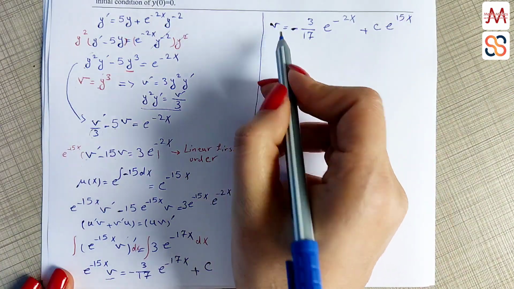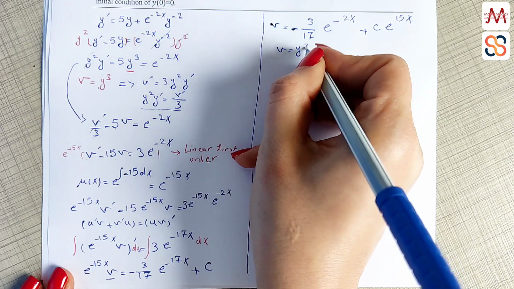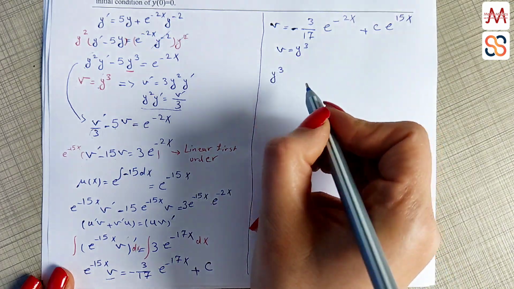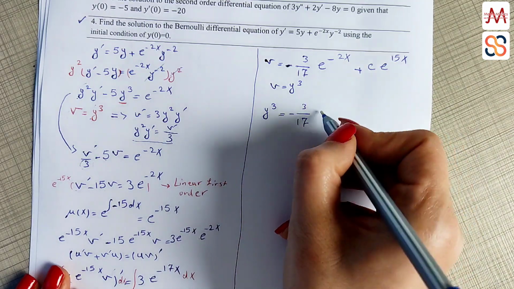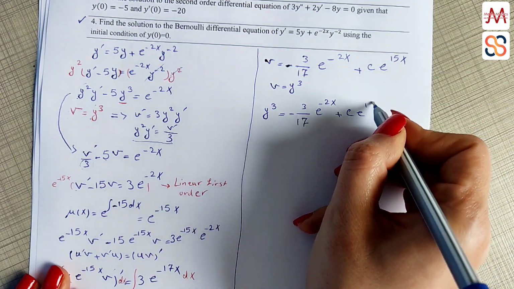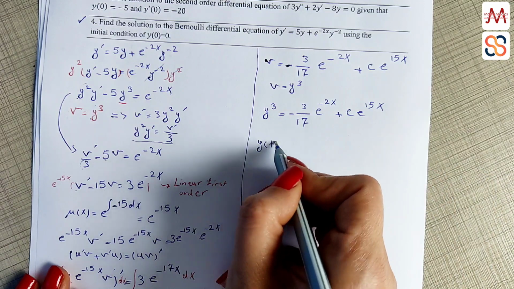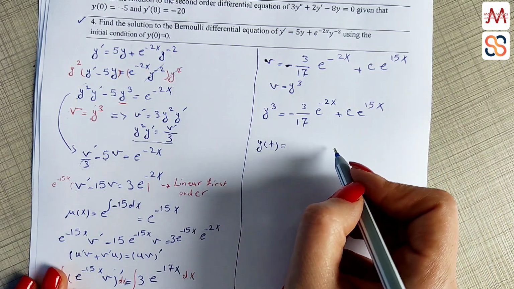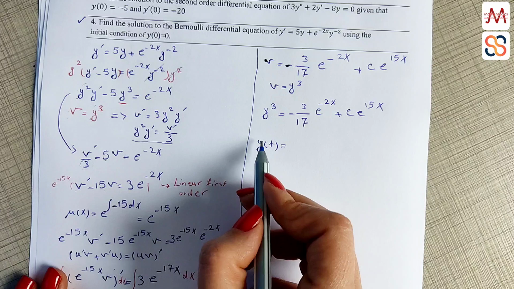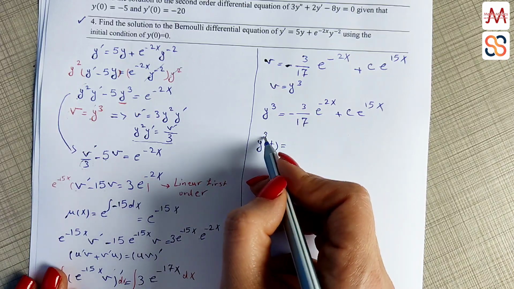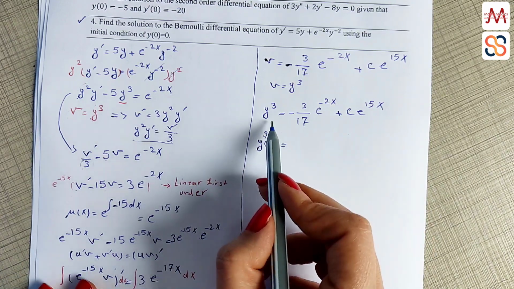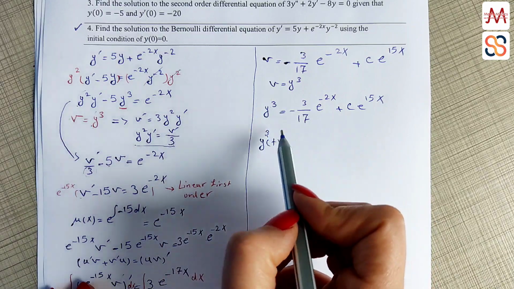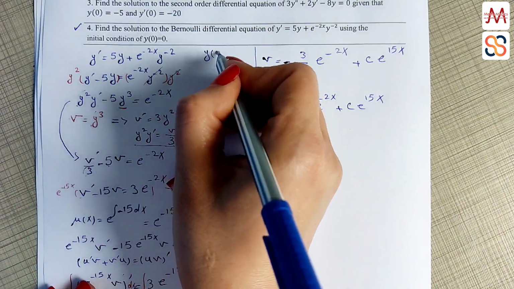From the assumption, we know that v equals y cubed, so back substitute. In the final list, now we could find y cubed. Now we can use initial condition to find c. C was the constant number and we can find it using initial condition if it has been given.